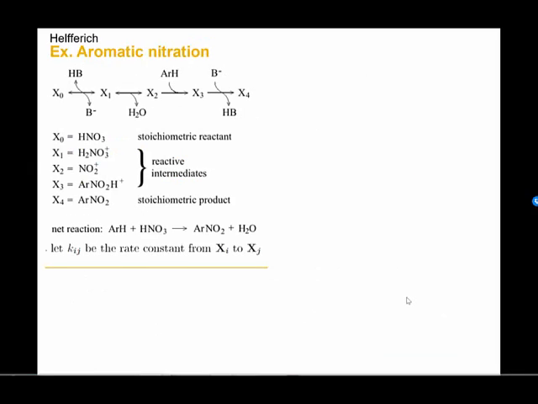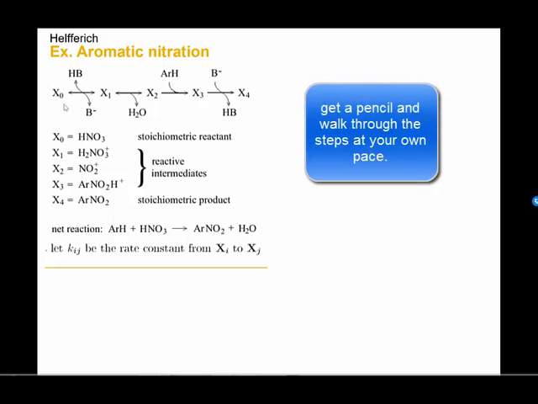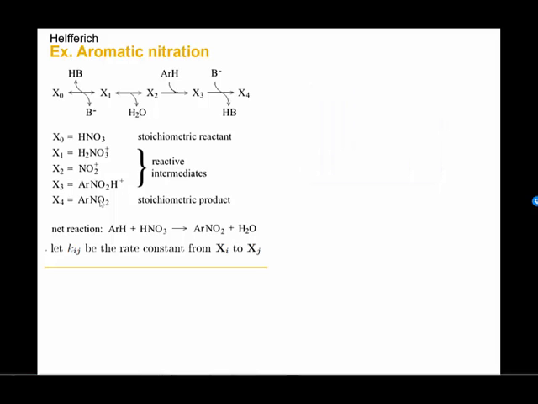So this is an example taken from Helfrich's book. This is aromatic nitration, and what we're going to do is basically track the progress of the nitrate group from nitric acid all the way through until the aromatic ring is nitrated, and it goes through a number of intermediates that are labeled here X0, X1, X2, X3, and X4 out to the end, and there is an acid here that plays a role at the beginning and again at the end.